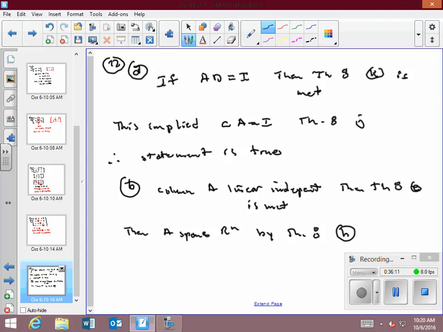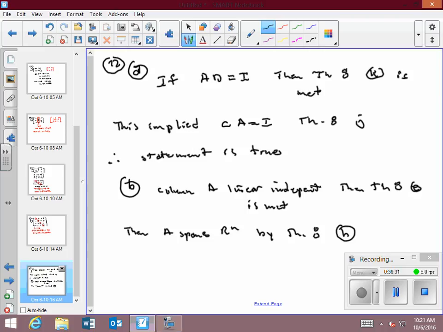You're saying one is true, therefore you look in the theorem, and if the theorem says that is true, then it is saying that all the other things are true. So then you can look and see if what you're asked to prove is one of those other items.